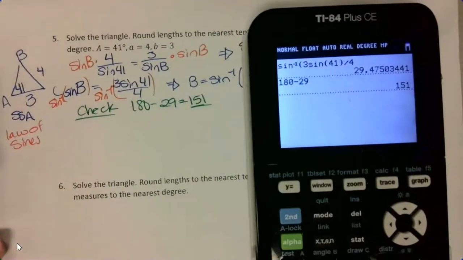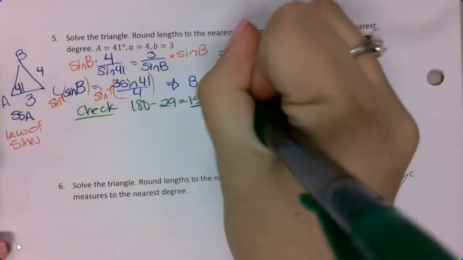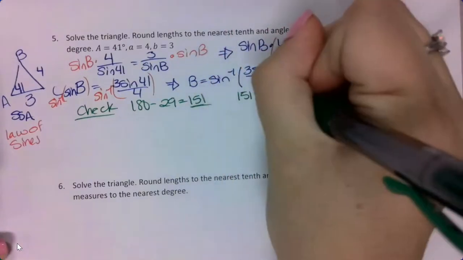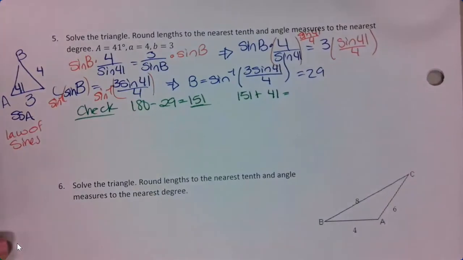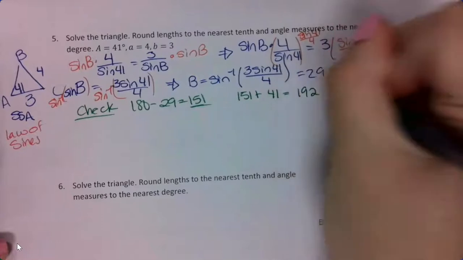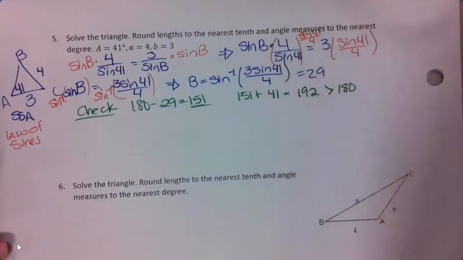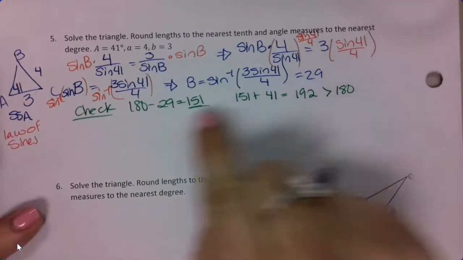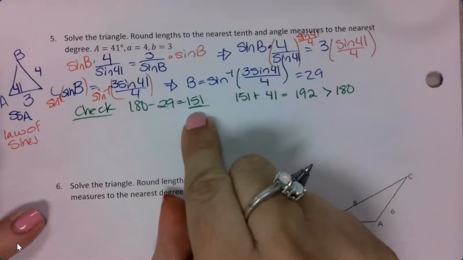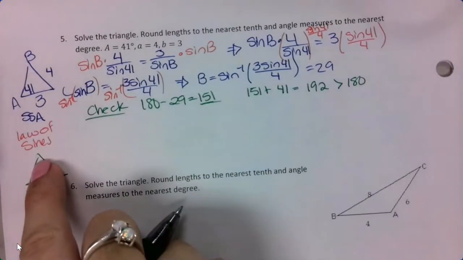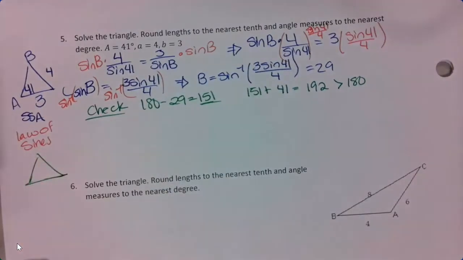I now need to add 151 to my original 41 to see if it will give me a second triangle. This gives me 192. It is greater than 180, so there is actually only one triangle here instead of two. If there had been two, I would have taken this green one that I underlined, and then I would have set it up in a second triangle and done it for my angle B and continued to solve.